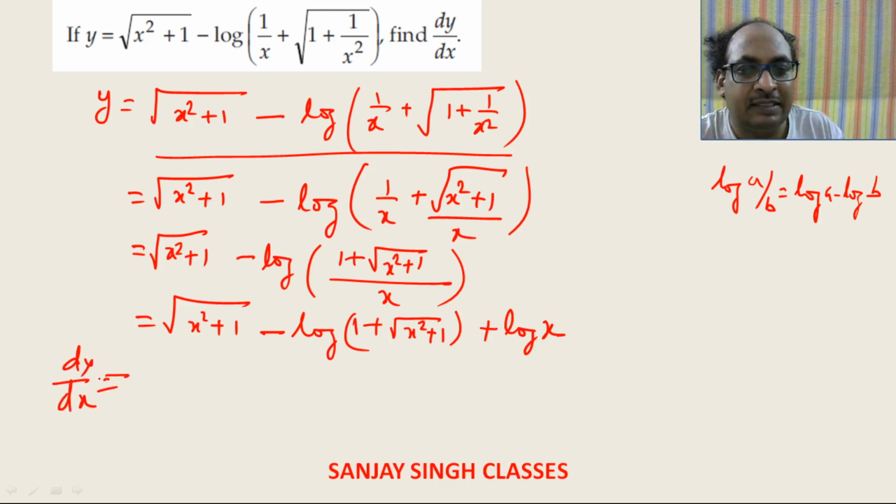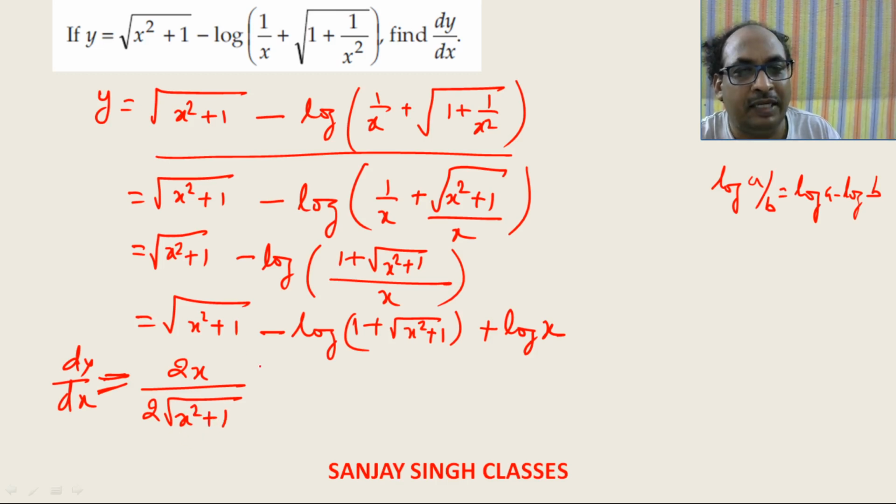The basics I am not going into, I have already clarified the basics in my previous videos. If you want, you can see that video and get your concept clarified regarding the basics of differentiation. So whole root 1 by whole root x square plus 1 gives us 2x by 2 whole root x square plus 1. Okay.